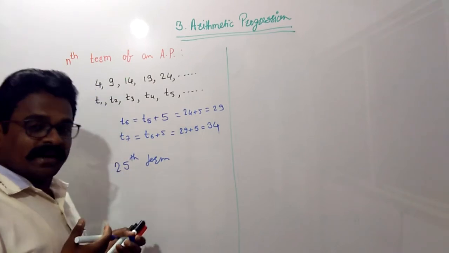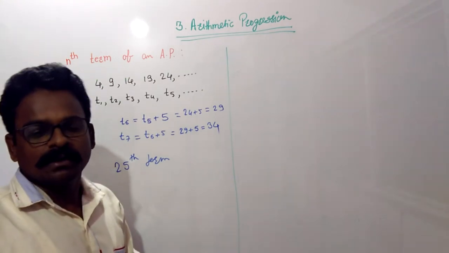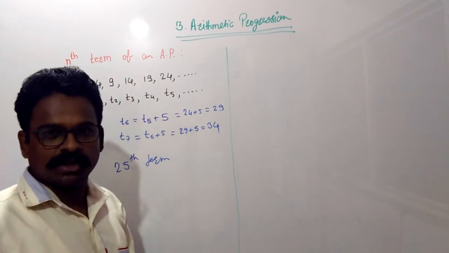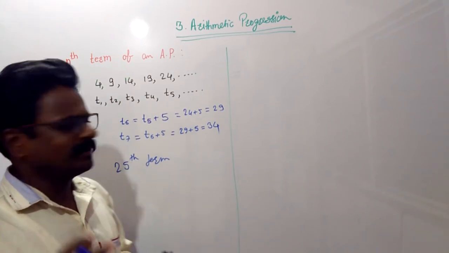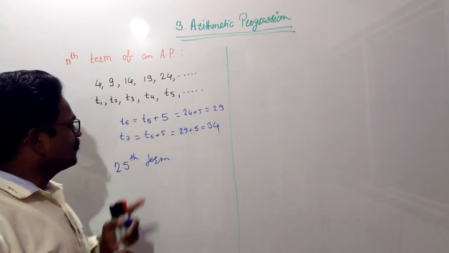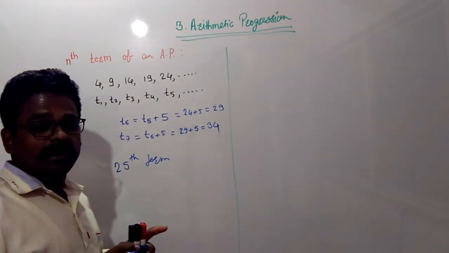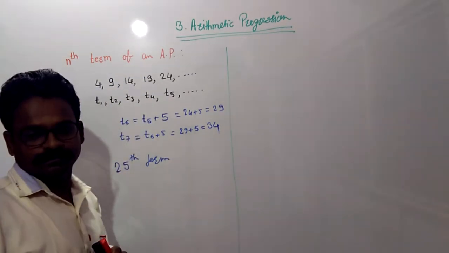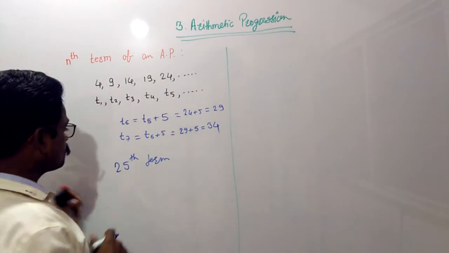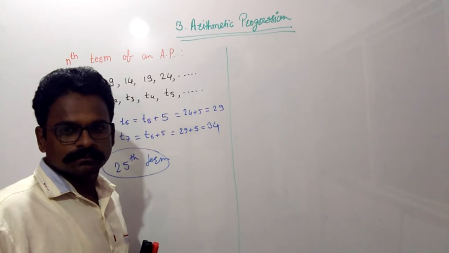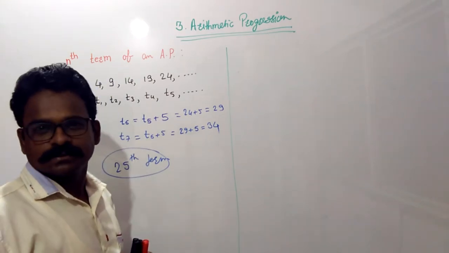If you want to find it in that way, that is also possible, but you can imagine how much time it will take. It will take too much time, and that will be too lengthy. So for that purpose, we need to find a formula to find this 25th term. With the help of the formula, we can directly find it within 1 to 2 steps.